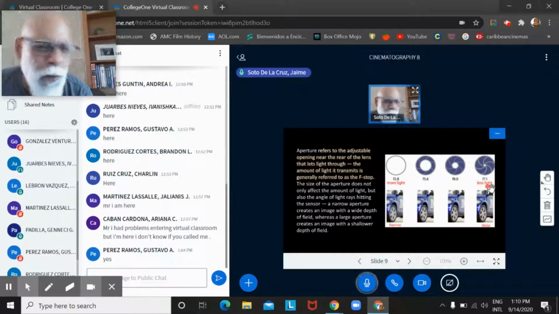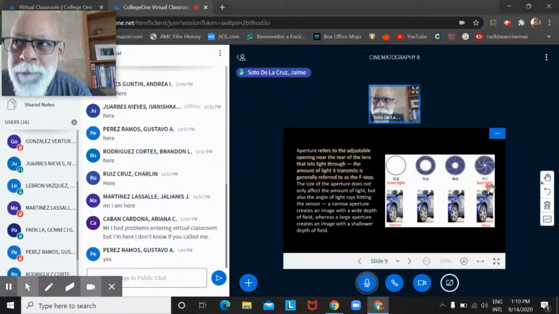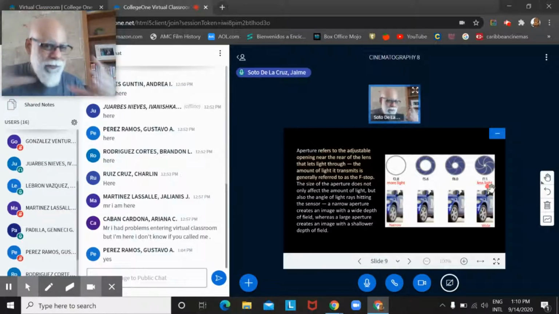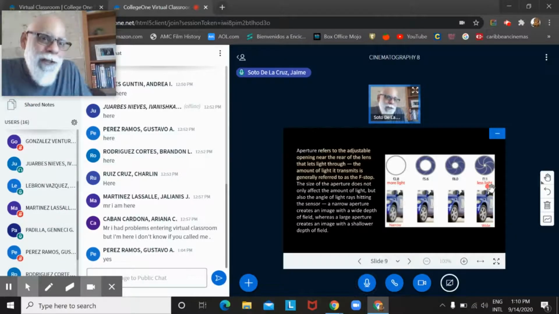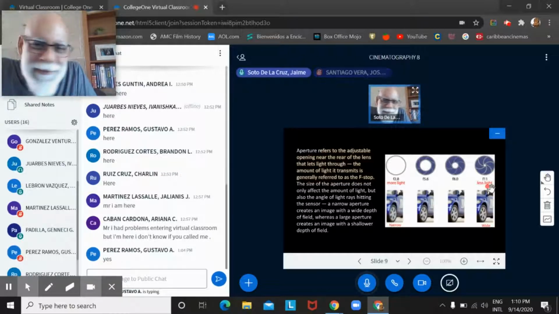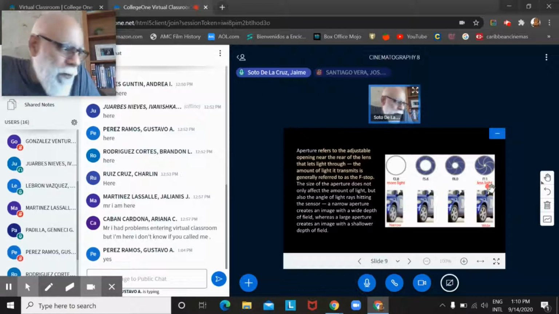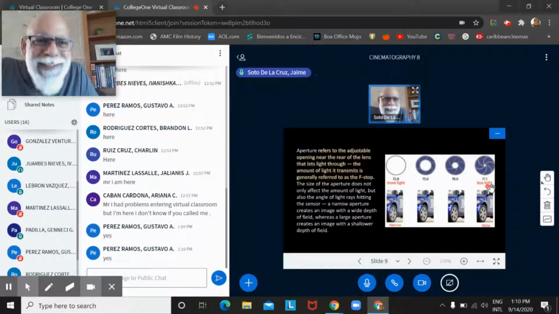That's a cheap lens. You want what we call a faster lens, a lens that gives you a lower f-stop, so it gives you more range. It's going to be more expensive. Not all lenses are the same. Some are cheaper, some are very expensive. Let me tell you something you probably don't know: some lenses are more expensive than cameras.